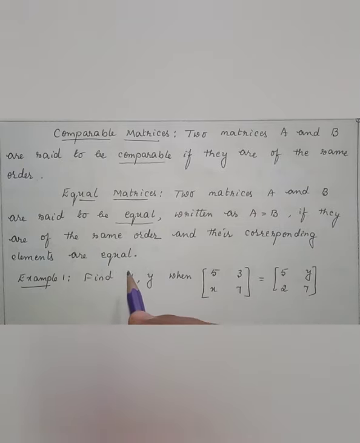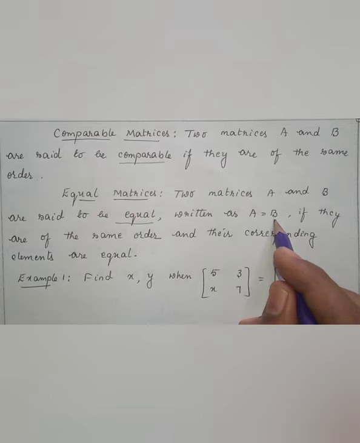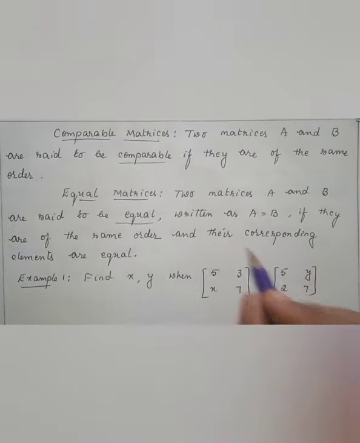That means to equate the two matrices, they should have the same order, and also we compare the corresponding elements of each matrix.